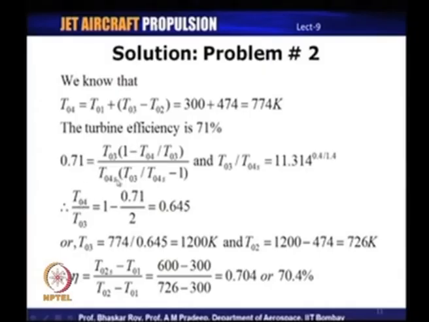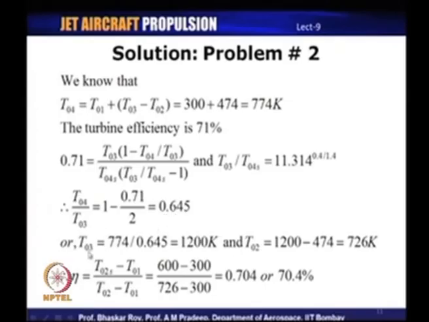So, here we have this ratio T03 by T04s, which we can determine from this expression, and we also know the turbine efficiency. If we simplify that, we get T04 by T03 is equal to 1 minus 0.71 by 2, which is 0.645.